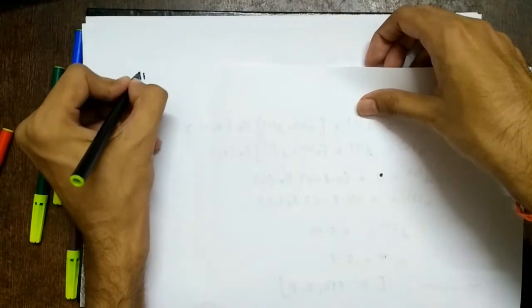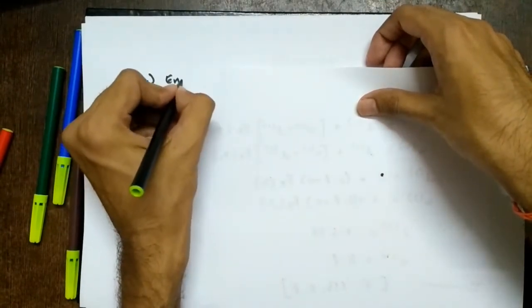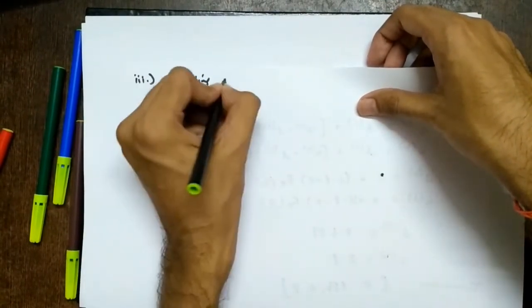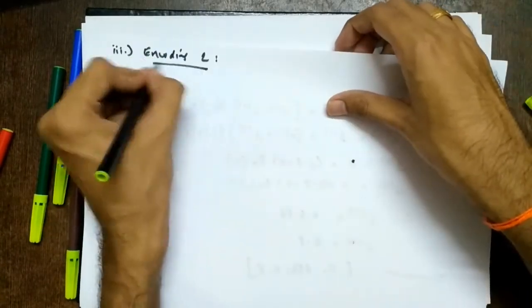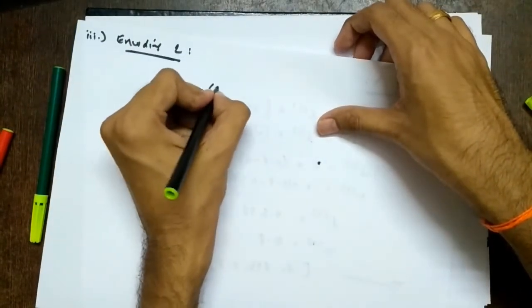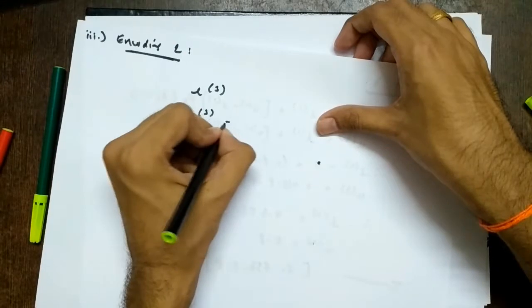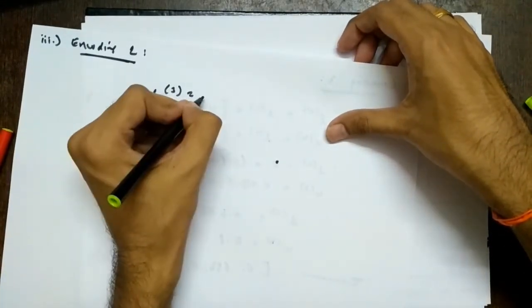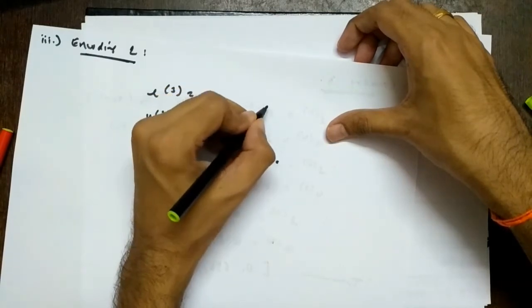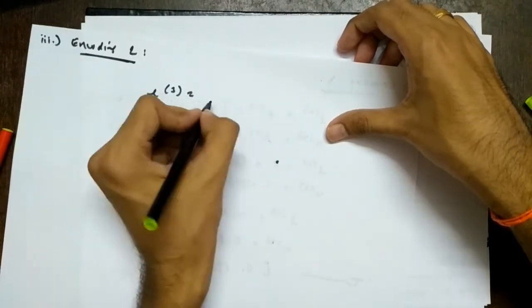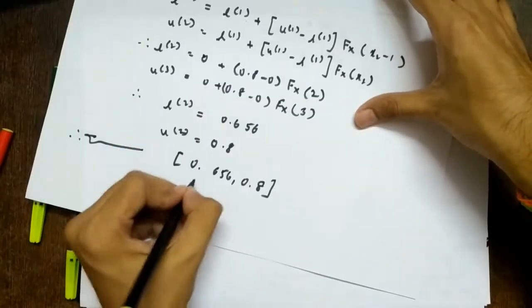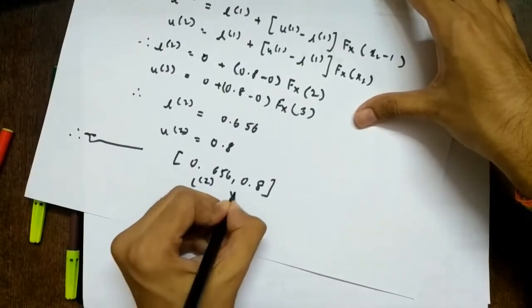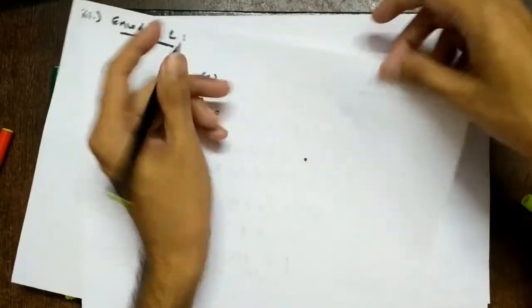So next, what will we do? We'll encode the next number. The next number in the sequence is 2. So encoding 2. What will we get now? L3 and U3. Now you might be abreast with the formulas. So L3 is L2 plus U2 minus L2 into Fx of x3 minus 1. L2 we have found, this is L2 now and this is U2, so 0.656 and 0.8.